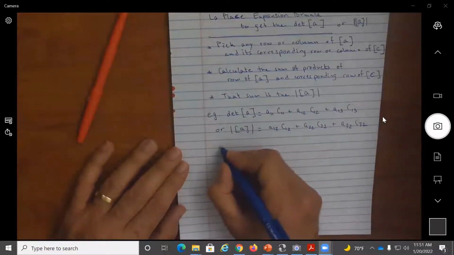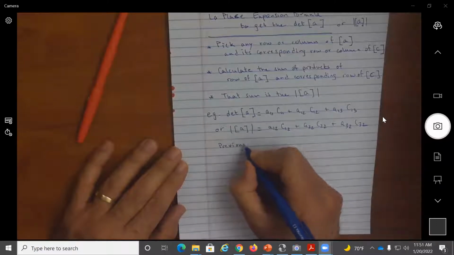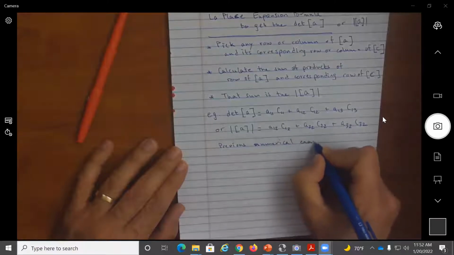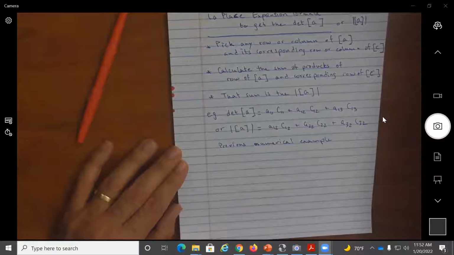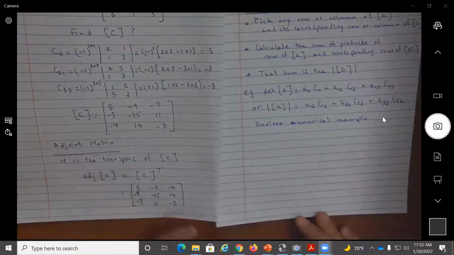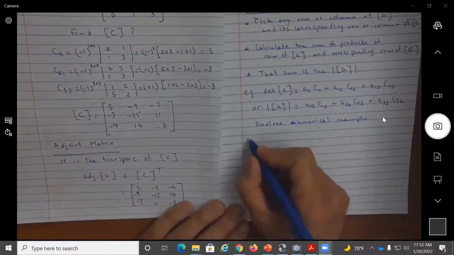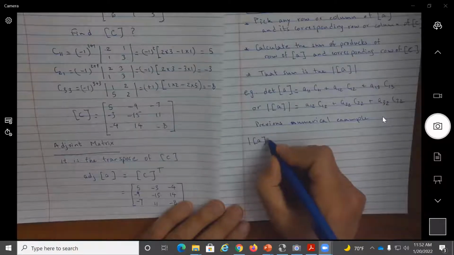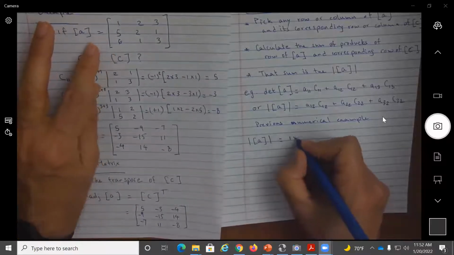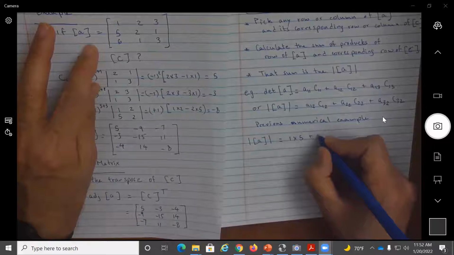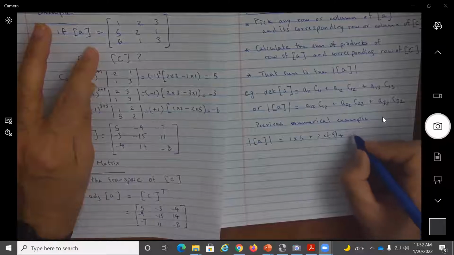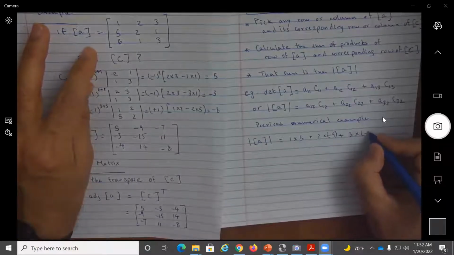If I look at the previous numerical example, to get some numbers, we can find the determinant of A. This is A and this is C. So I can come here and do 1 times 5 plus 2 times minus 9 plus 3 times minus 7.